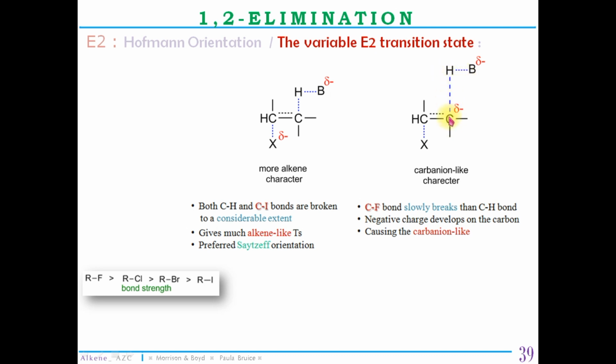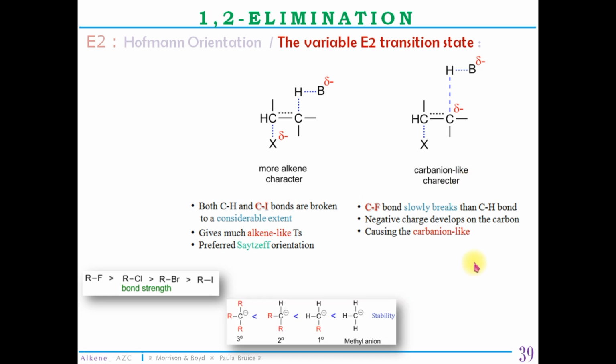At the same time there is also breaking of this carbon-fluorine bond, but the carbon-fluorine bond is stronger, so the extent of breaking is slower than carbon-hydrogen bond breaking. So at that time partial negative charge is accumulated on this carbon, causing a carbanion-like transition state.